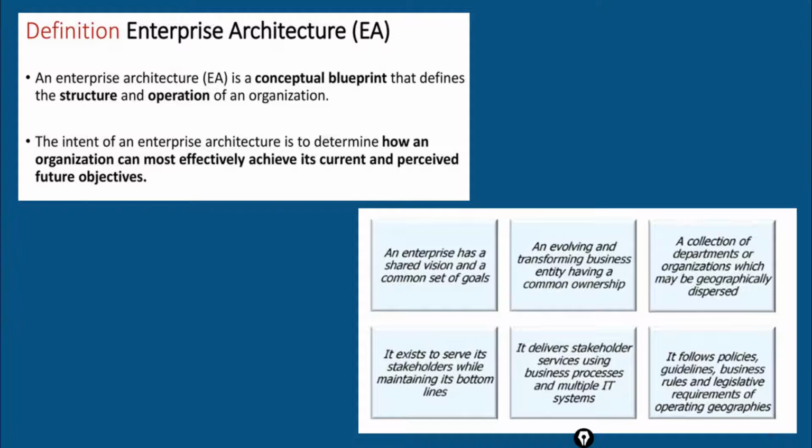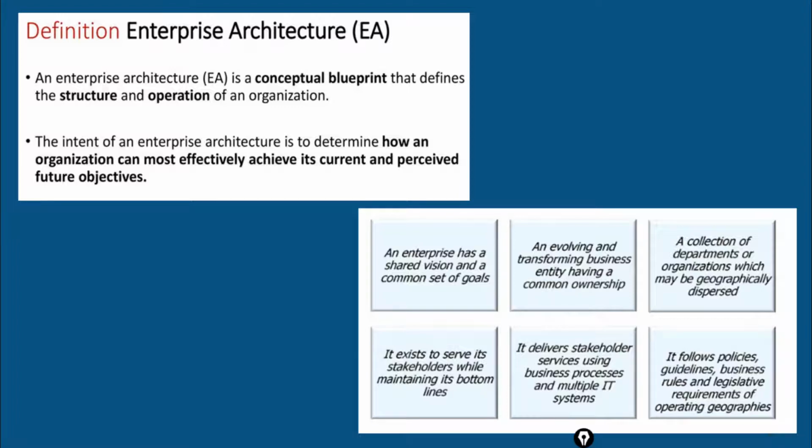Let us consider the enterprise as a system and describe its components. Some examples of components in an enterprise are departments, executives, business functions, business processes, IT systems, and the operating models. Hence, when we discuss enterprise architecture, we talk about these components of the enterprise, their relationship with each other, and the governing principles.